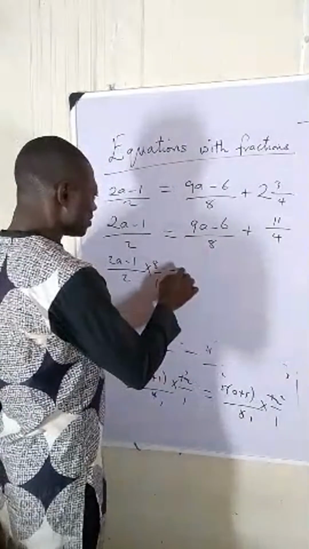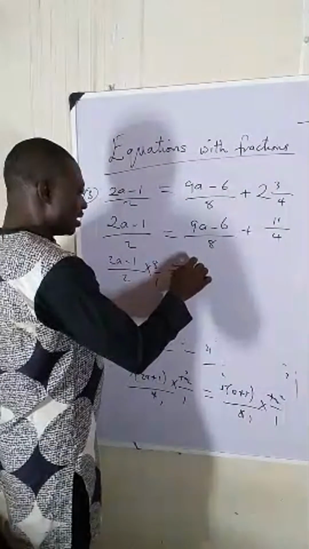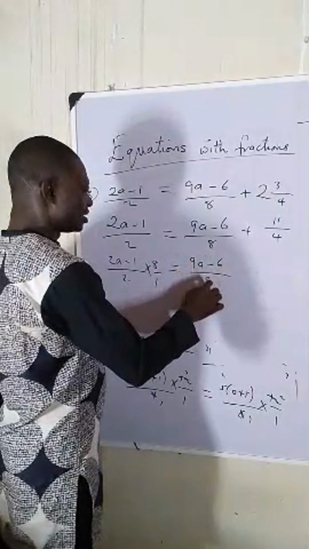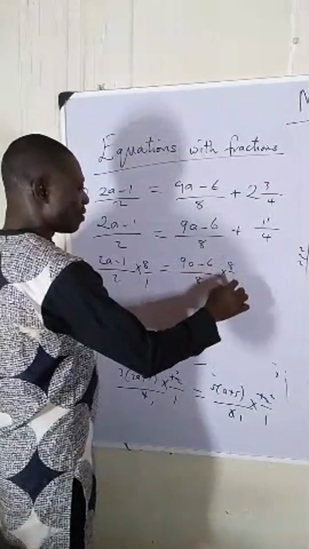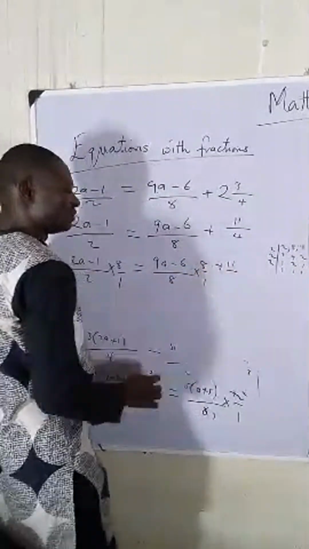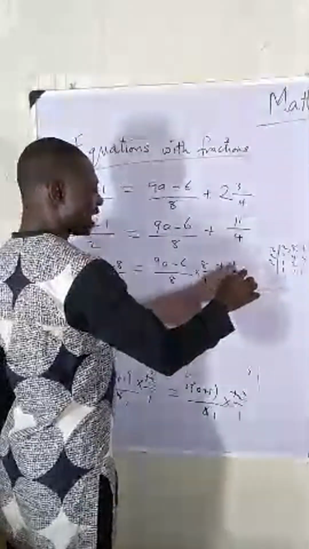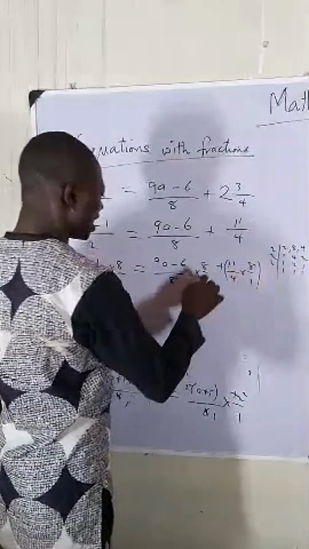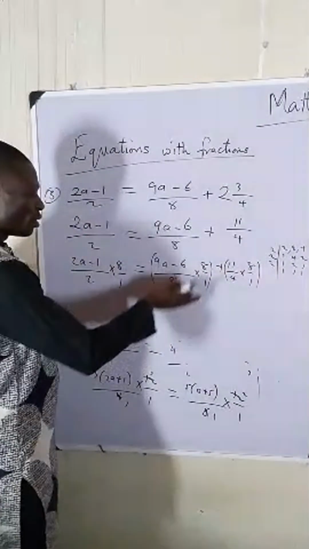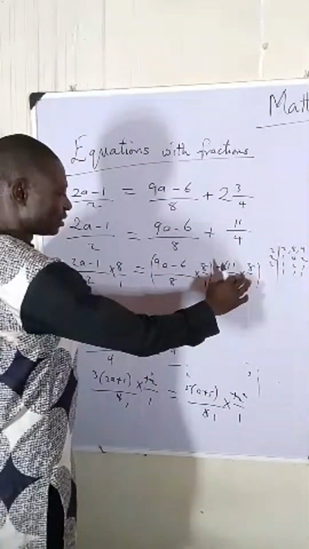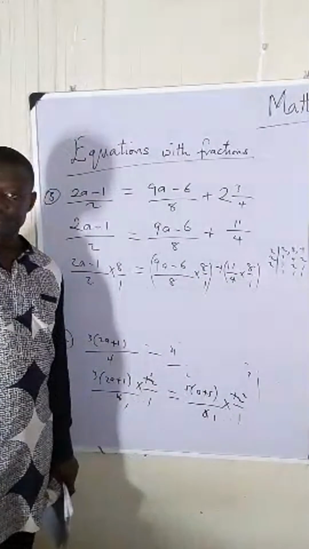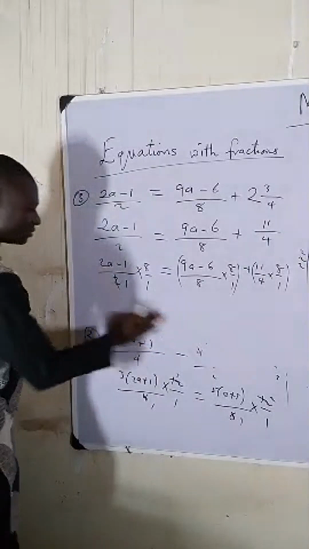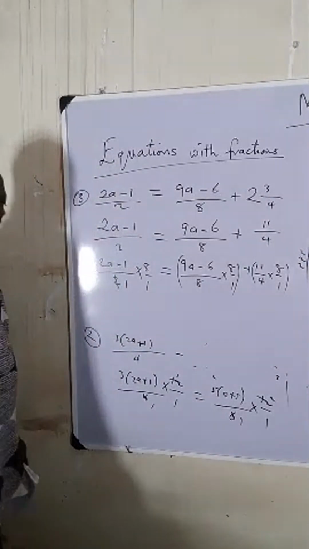So we have it as is equal to 9a minus 6 over 8 times the same 8 over 1 plus 11 over 4 times 8 over 1. Yes, we can put this bracket here, which suggests that we must finish this multiplication before we add.